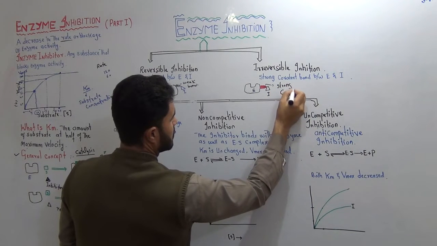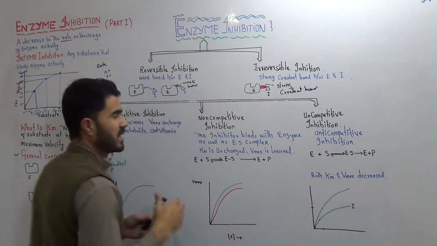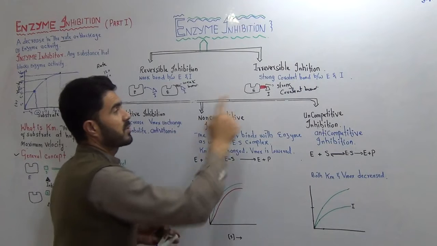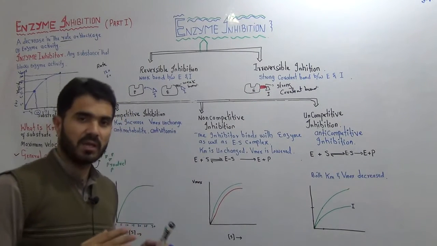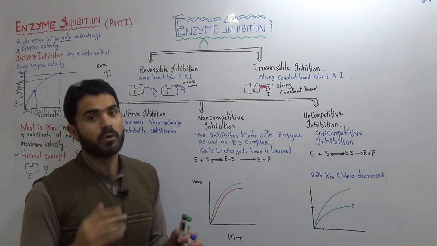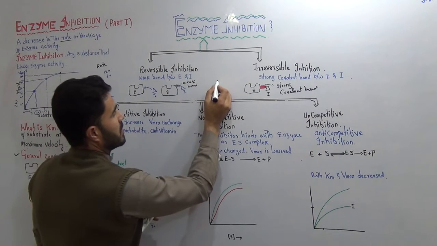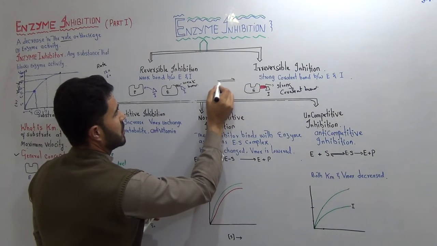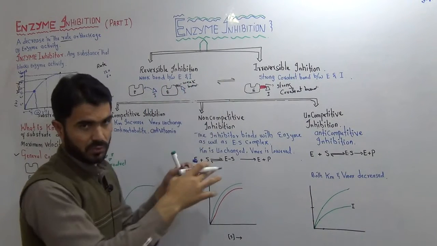It means that it is now impossible for the inhibitor to leave the enzyme. Enzyme will be inactivated forever. So you cannot write the reverse symbols like this. We usually write with two arrows for reversible.